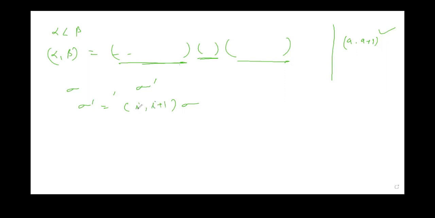So this basically can be written as V naught, V i plus 1, V i, and then others are unchanged.